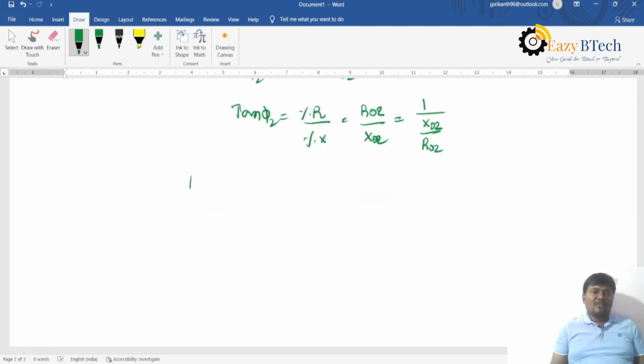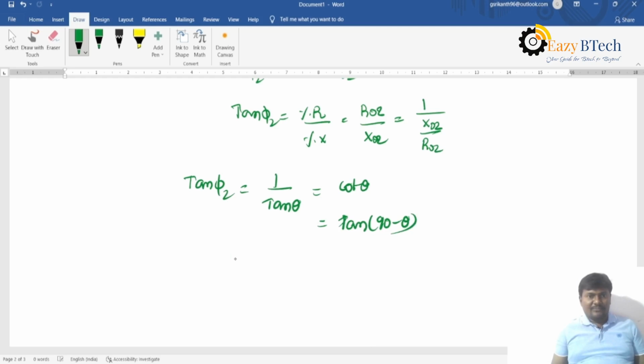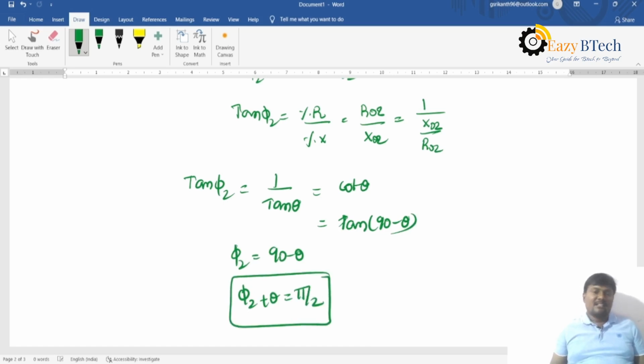What is X02 by R02? It is 1 by tan theta, which is equal to cot theta, and we can write it as tan of 90 minus theta, and phi 2 is equal to 90 minus theta, so phi 2 plus theta is equal to 90 degrees.